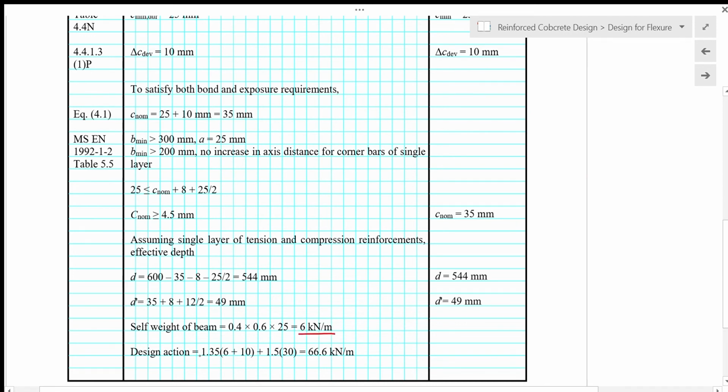Then the design action will be the self-weight of the beam plus additional permanent action, multiplied by the partial safety factor at ultimate limit state for permanent action, plus the partial safety factor for variable action multiplied by the variable action. So total design action we have 66.6 kN per meter length.